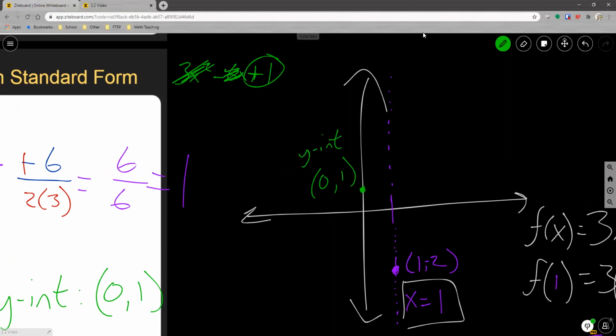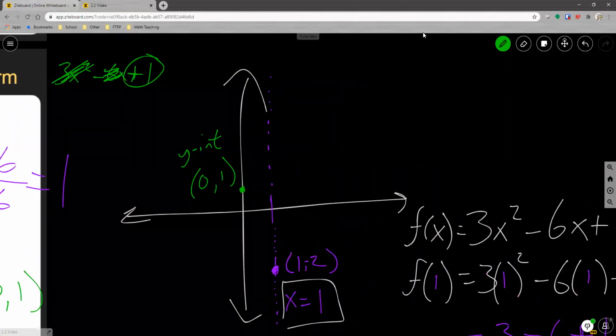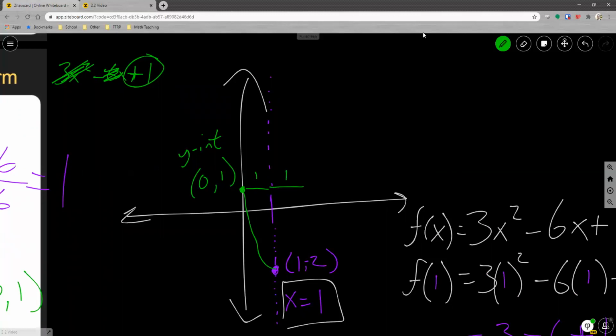Well, because I've got that, remember, a parabola cuts everything right down the middle. So I'm going to have a curve that goes down to there. If the distance from the y-intercept to the axis of symmetry here is 1, I can mirror that in the other direction by 1 as well. Let's try that again.